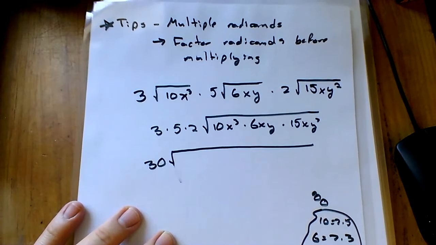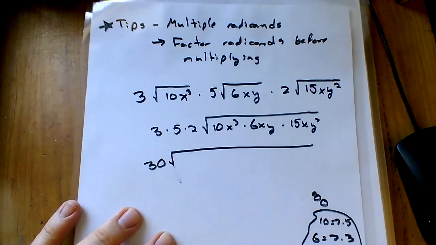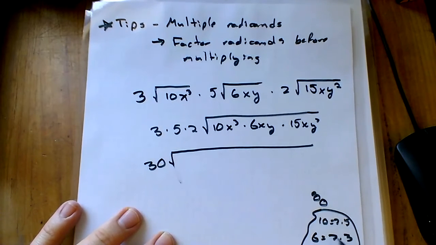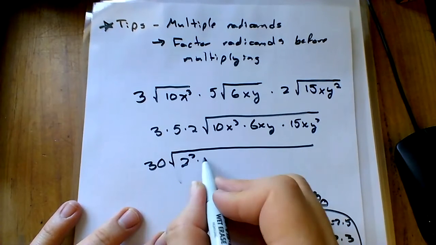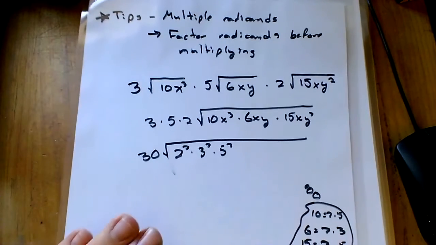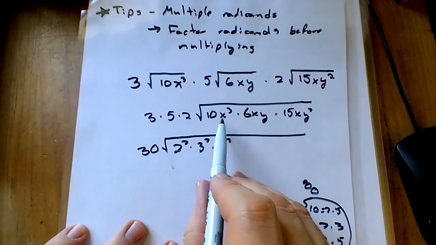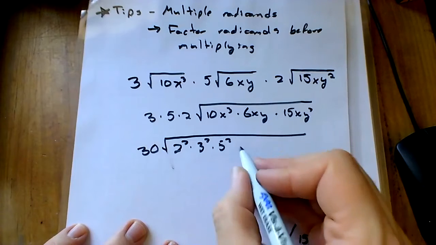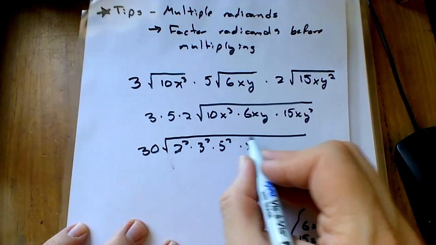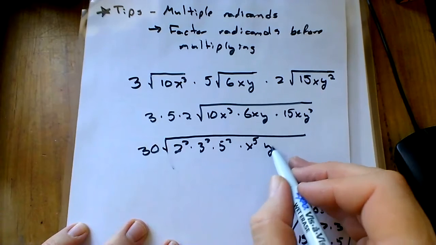So now when I multiply all this together, I've got 2 times 2 times 5 times 5 times 3 times 3. So I've got 2 squared times 3 squared times 5 squared. Then I've got my x cubed times x, so that's times x to the 5th, and then I've got y to the 3rd power.